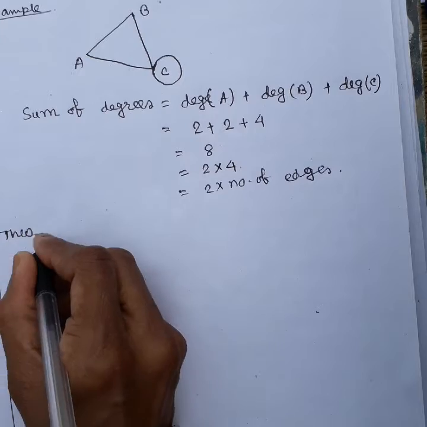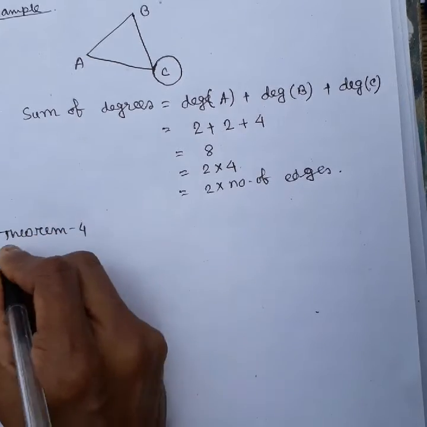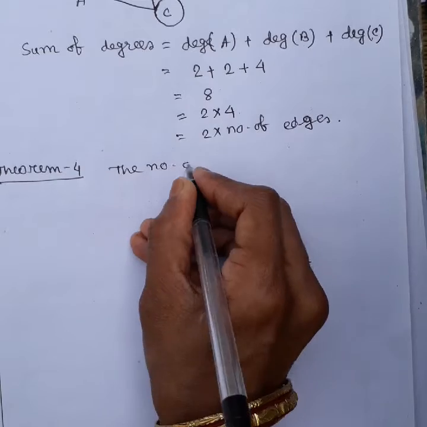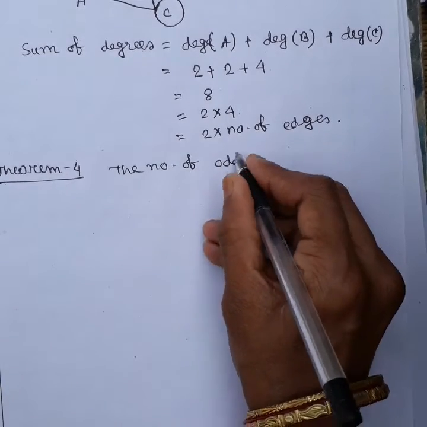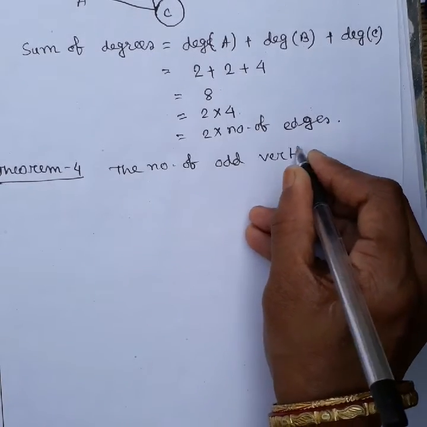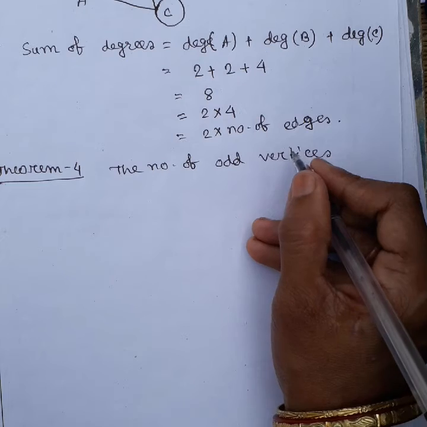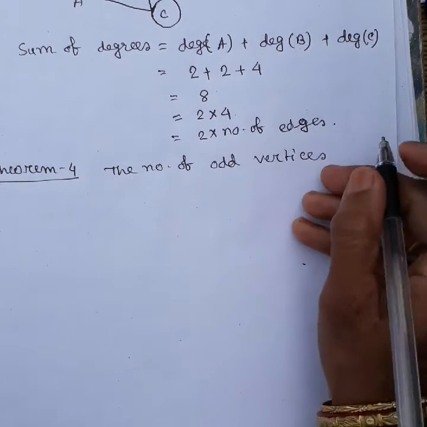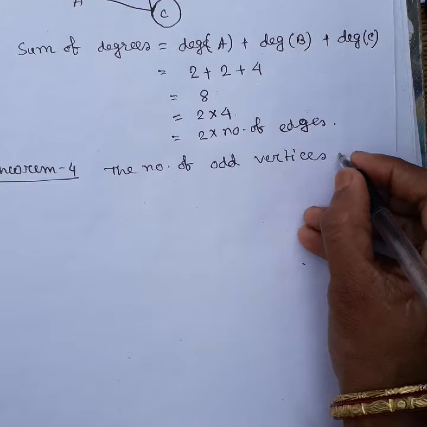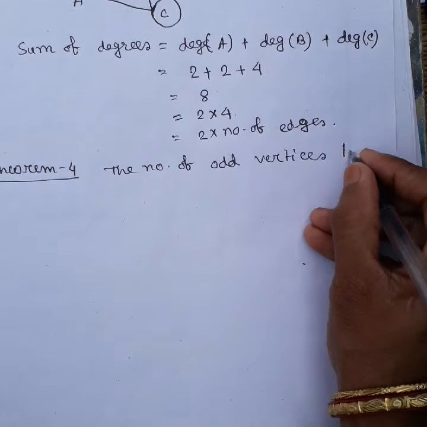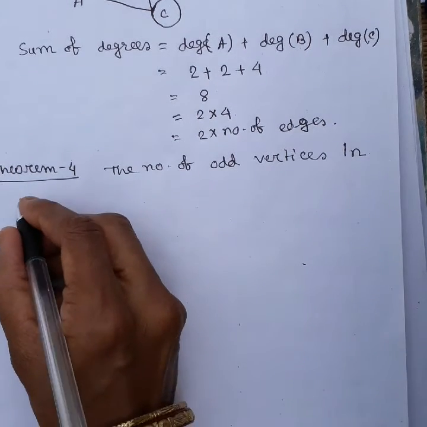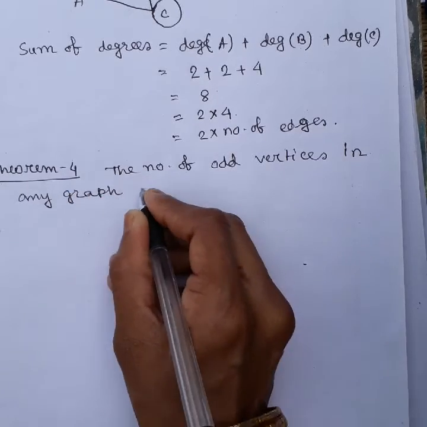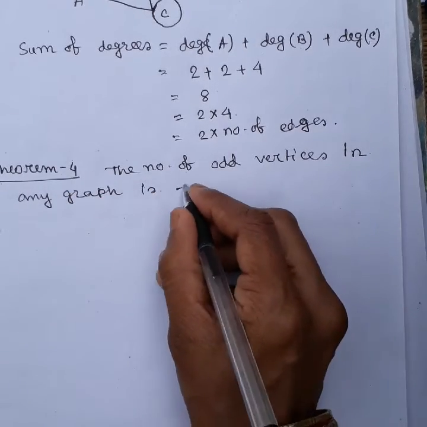Next, theorem 4. The number of odd vertices in any graph is even.